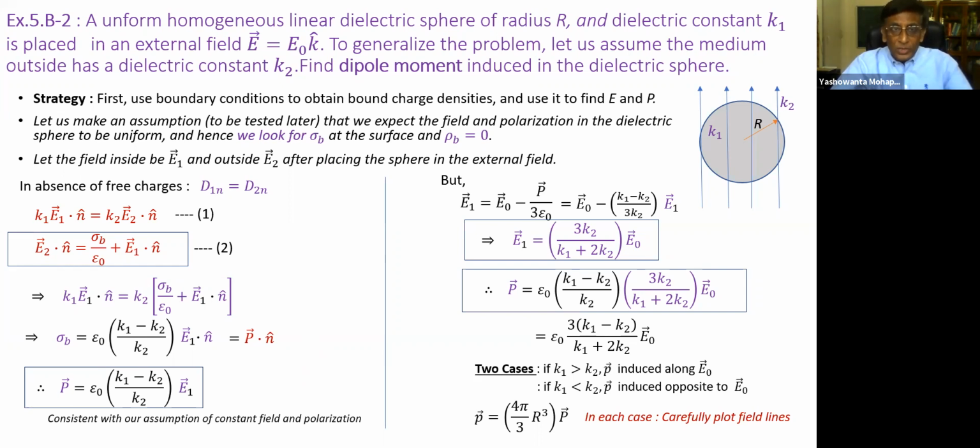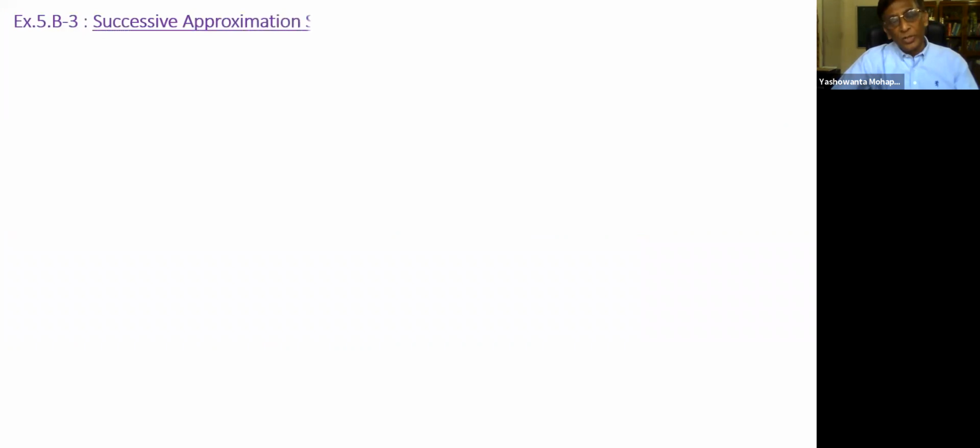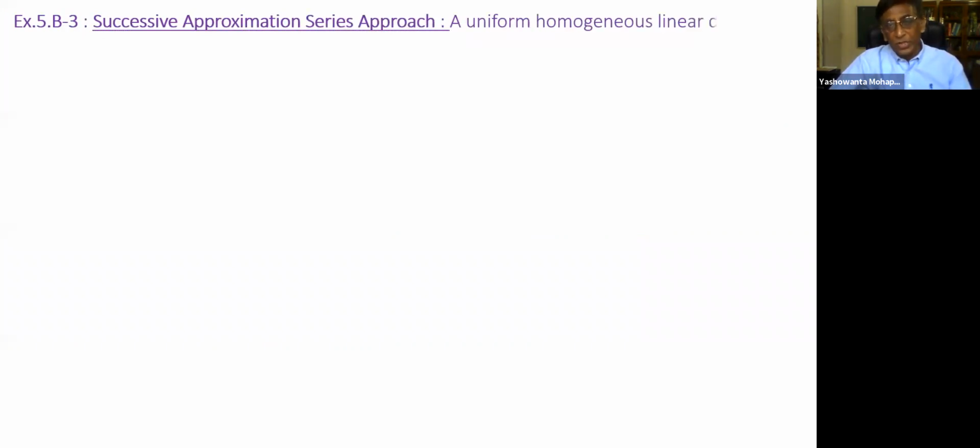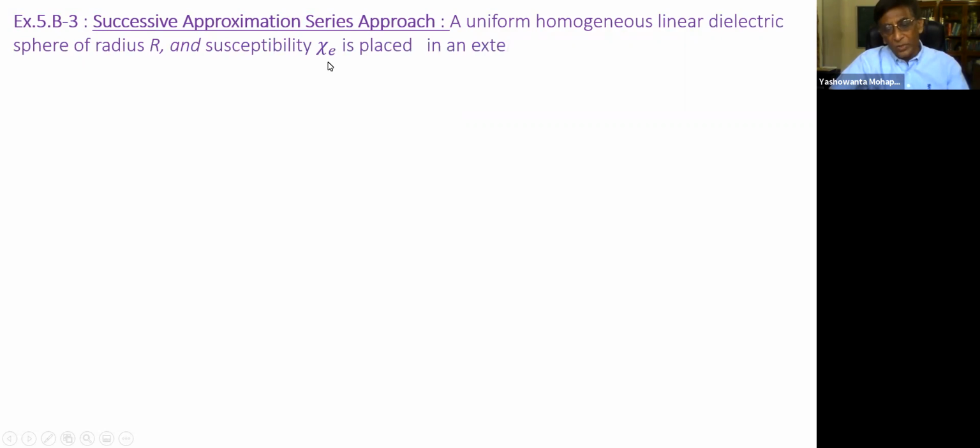Now let me take up almost the same problem in another form. This approach is called the successive approximation series approach. It's the same thing: a uniform homogeneous linear dielectric sphere of radius r, and now instead of K1 and K2, I'm saying susceptibility chi e, is placed in an external field E naught.